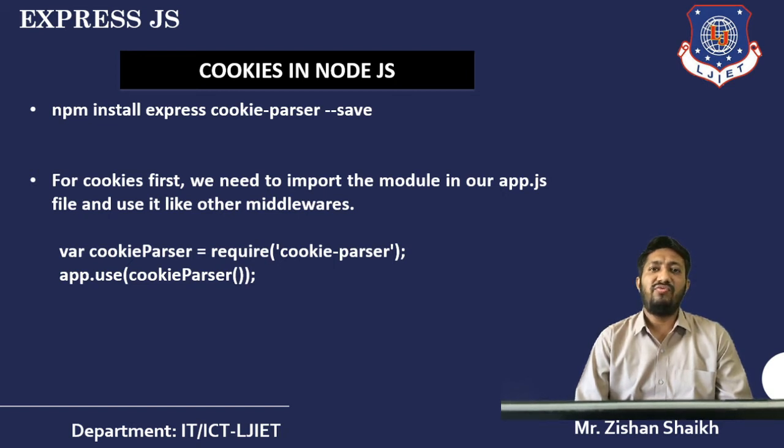For that, we use a simple module requirement: require with the parameter cookie-parser, and we use this variable throughout the program. That's why we use app.use with the cookieParser function. This is the basic requirement before implementing any code in our program.